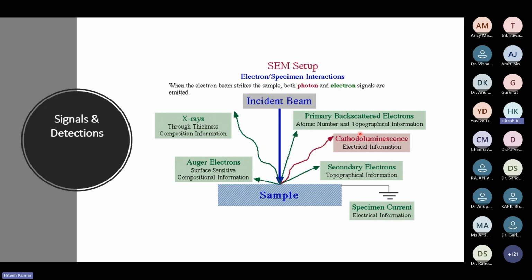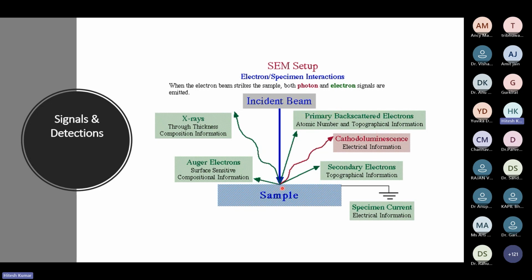You can get primary as well as secondary electrons. Secondary electrons interact with your surface and give you topographical information about how your microstructure looks. But sometimes you want to see what different phases are there. For that you need backscattered electrons.